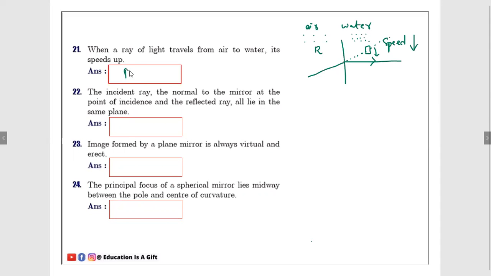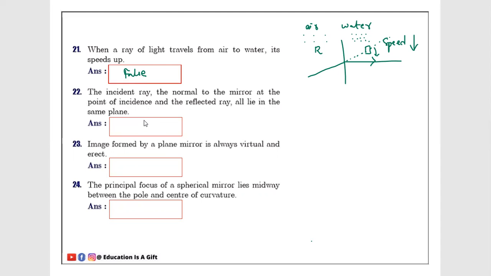So the answer is false. The incident ray, the normal to the mirror at the point of incidence, and the reflected ray all lie in the same plane. That is the first law of reflection. This is very straightforward. In MCQs they might ask, what is this law?